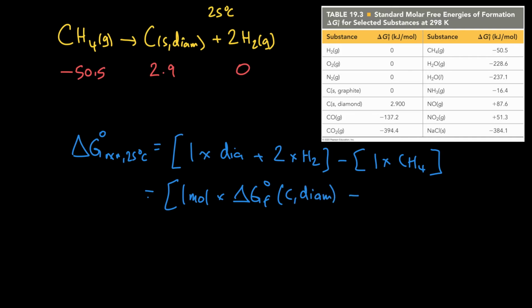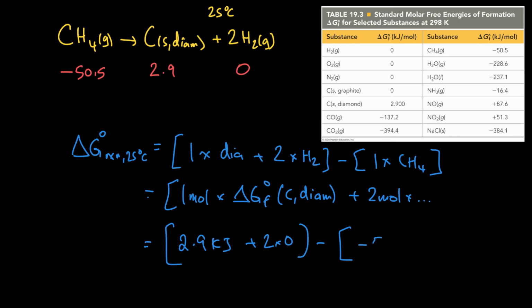That's the allotrope, plus 2 moles times, sorry, I'm just too lazy for this. So the diamond then is 2.9, and we multiply by moles, and it'll just be kilojoules. The hydrogen, we already saw that was 0. 2 zeros are pretty easy to calculate, I bet. And then we got 1 mole times methane, so that is minus 50.5 kilojoules.